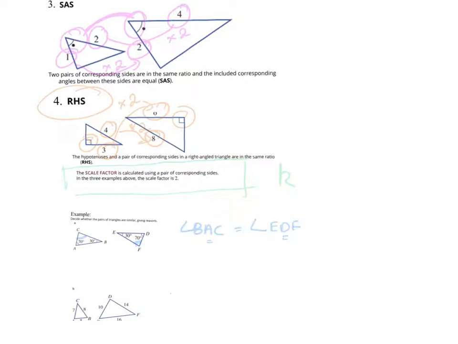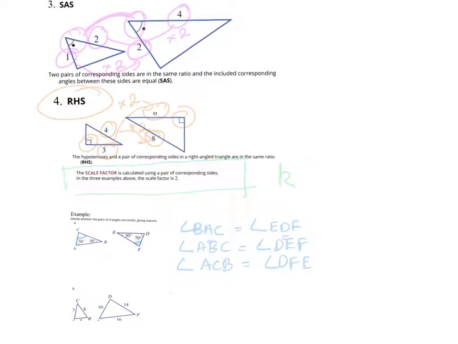What else do we know? We know that angle ABC, so the angle on B, and the angle on E, so DEF, are equal to each other. And we also know that angle ACB is equal to angle DFE. So remember, the letter in the middle tells you where the angle is.